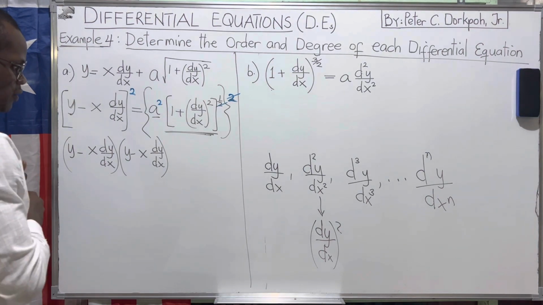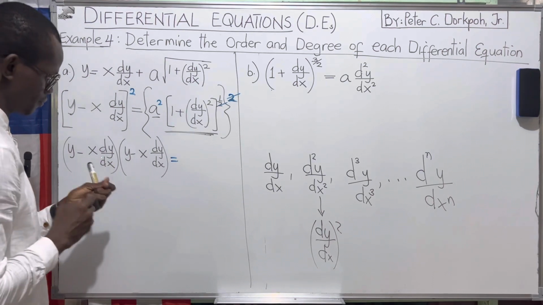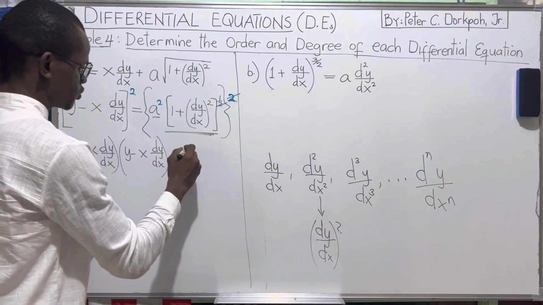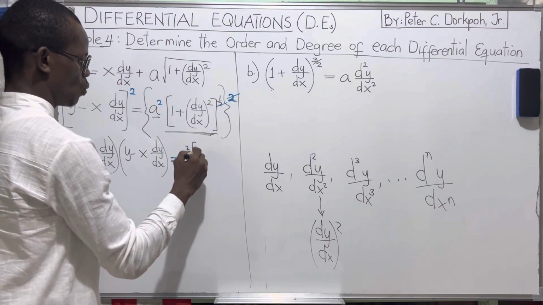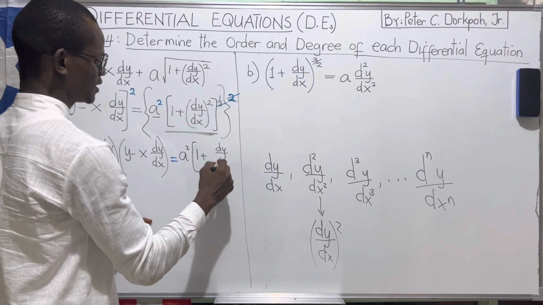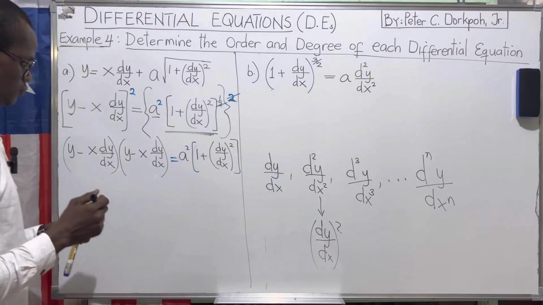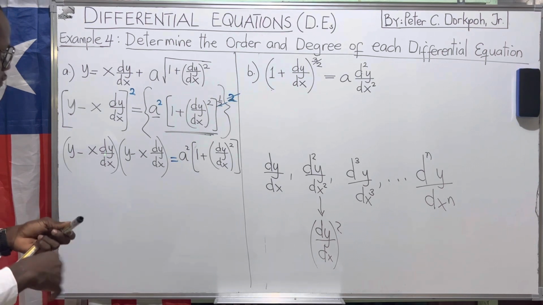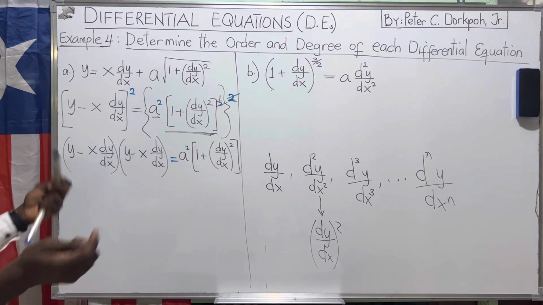Therefore now we have a squared times 1 plus dy by dx all raised to the power 2. So we've gotten rid of the fractional power.